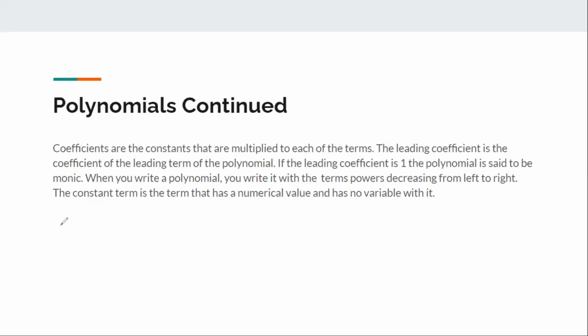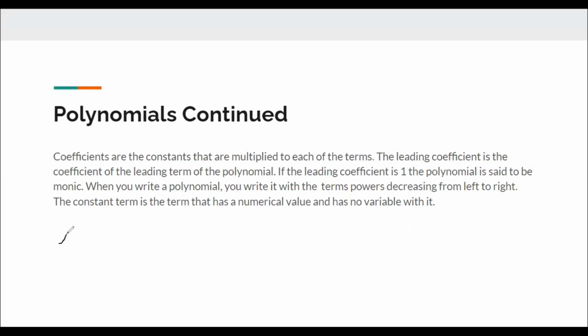Something else is the general form of a polynomial, which is something like this. This is how you write a polynomial. You start with the highest power and some coefficient and so on.